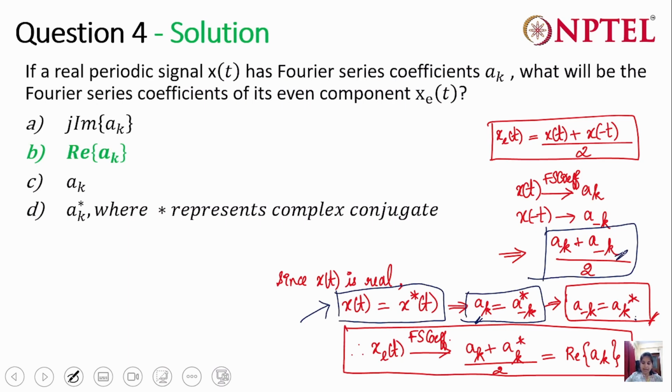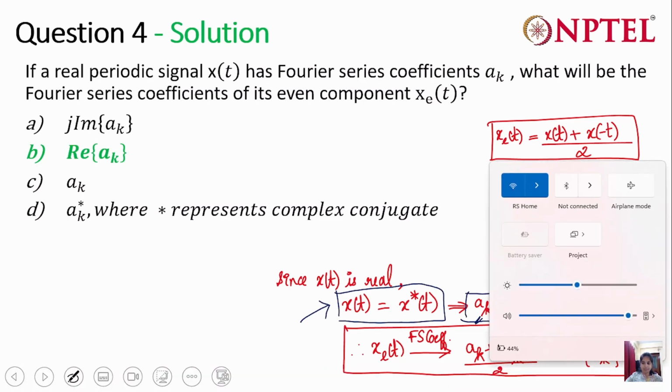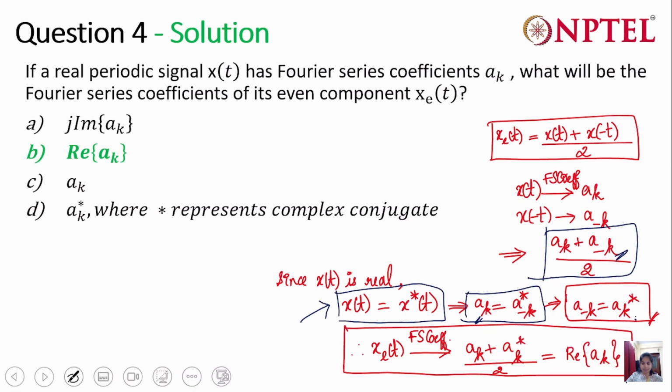So I get ak plus ak conjugate by 2. We know that this is equal to the real part of ak. So the Fourier series coefficient of the even component of a real periodic signal is the real part of ak. That's all.